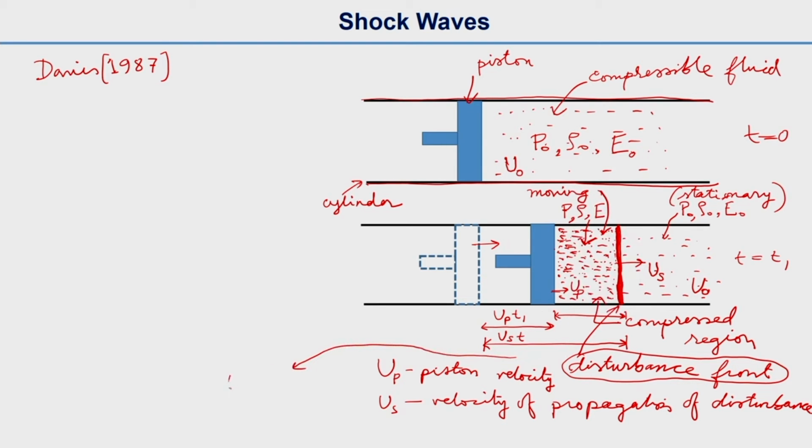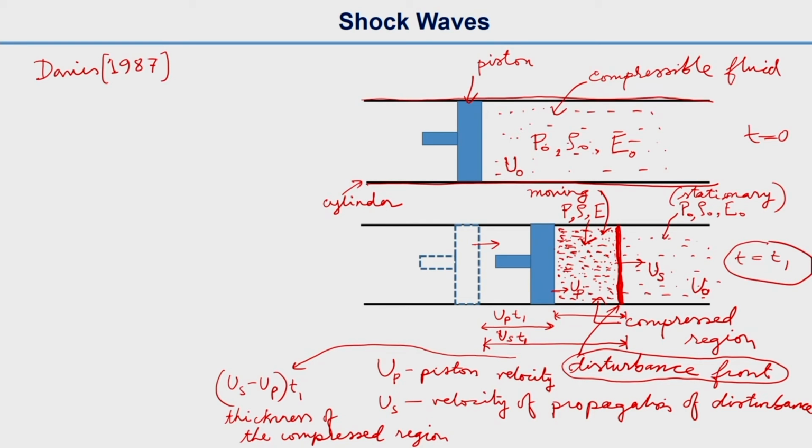This part is US minus UP multiplied by T1. That is the thickness of the compressed region. Here T is time T equal to T1, and the earlier one was when the piston is at rest, and that is T equal to 0.